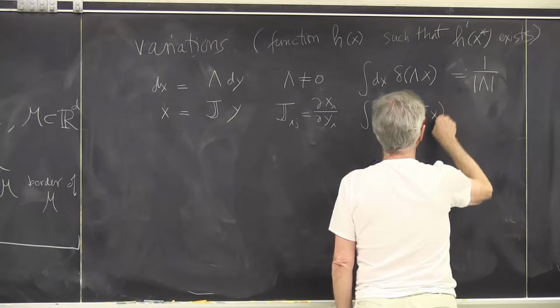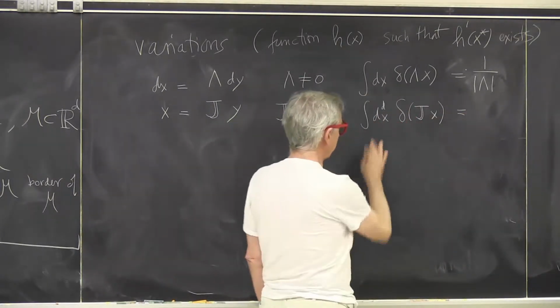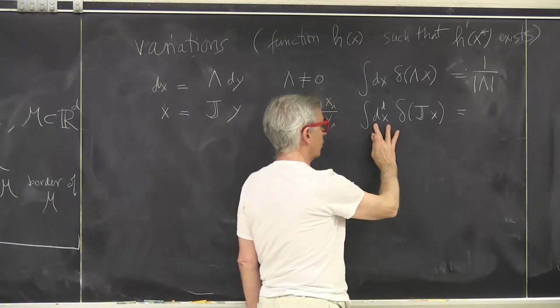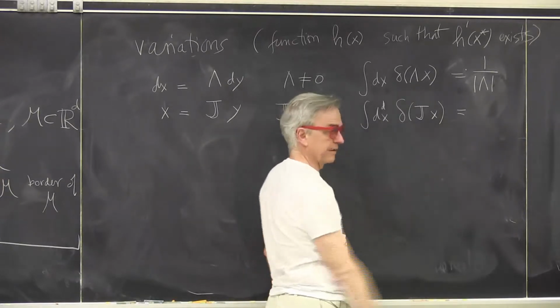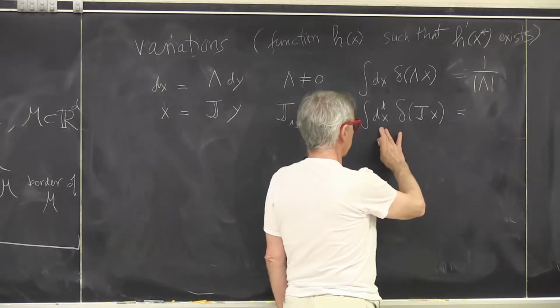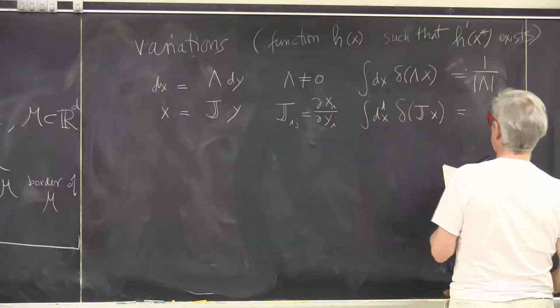You work a little bit, but the basic idea is that you can change coordinates by rotation without changing the volume in such a way that you can bring this into diagonal form. And then this is a product of delta functions for each coordinate, giving you the eigenvalues.